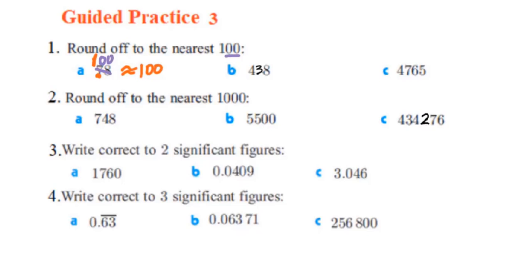Let's go to B. Still change the last 2 digits to zeros, then cross out. Then you need to check this 3. We know 3 is less than 5, so we round down. That is 400. For C, I need to change the last 2 digits into zeros. Cross out. This 6, we need to round up, so change into 4800.